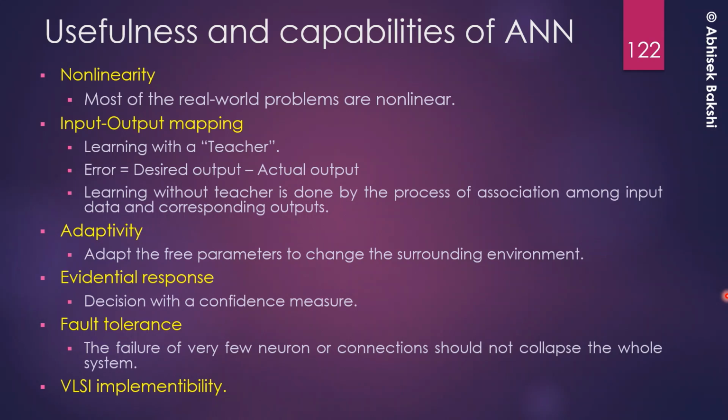And I will say fault tolerance is a very crucial thing. What is fault tolerance? It says that failure of a very few neurons or connections should not collapse the whole system. As I told you, we have very close interconnections between neurons. Since close interconnection is there, from neuron 1 to neuron 2 it's not only a dedicated path that is present. We have various paths from neuron 1 to neuron 2.